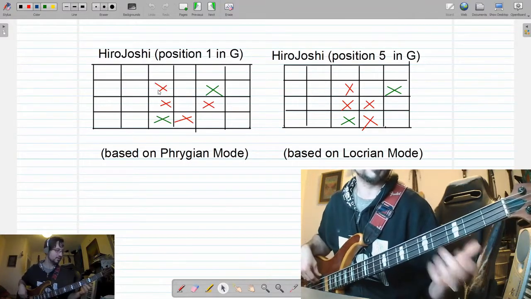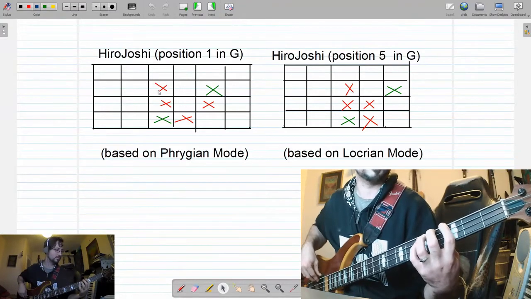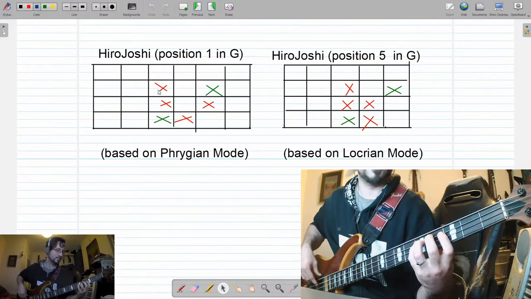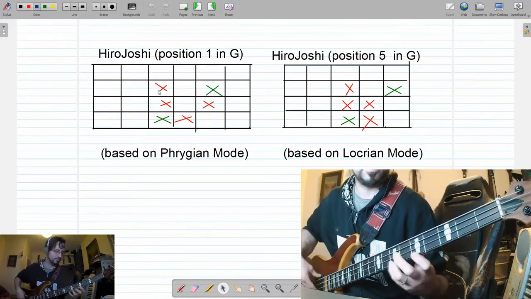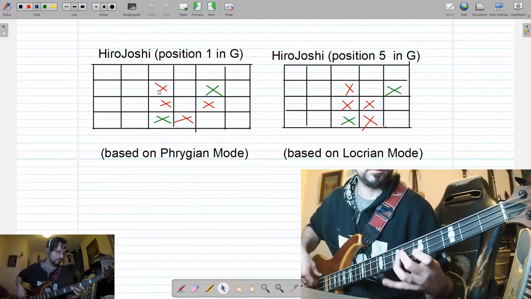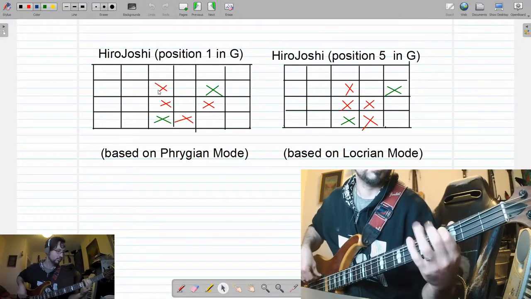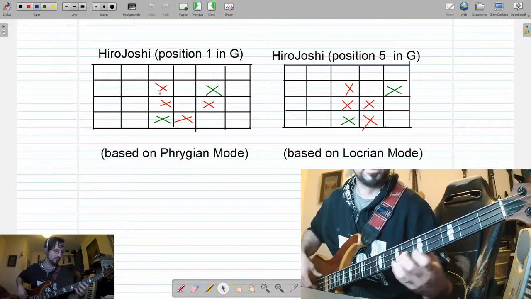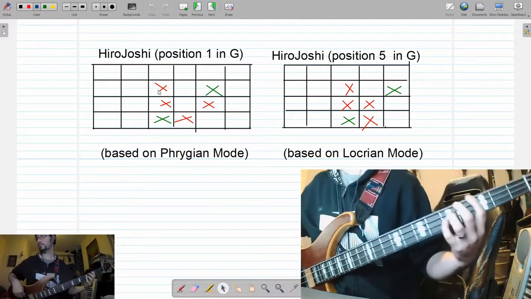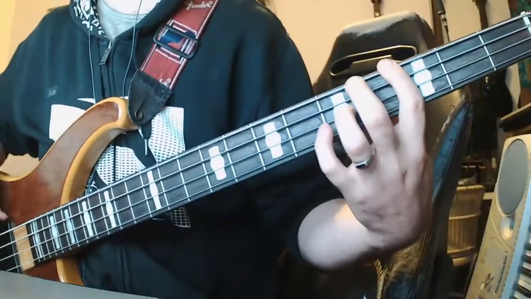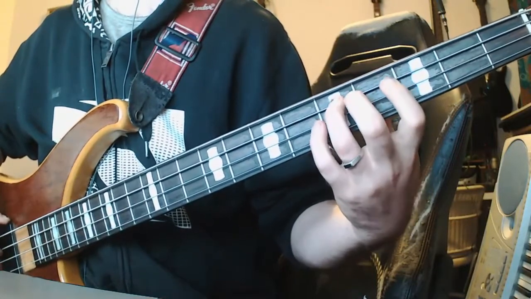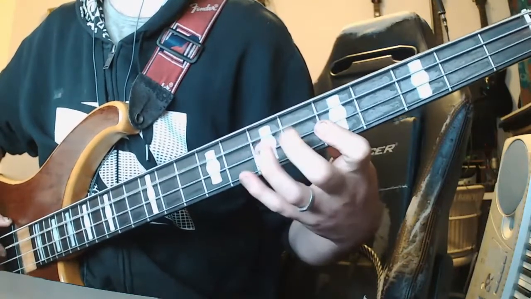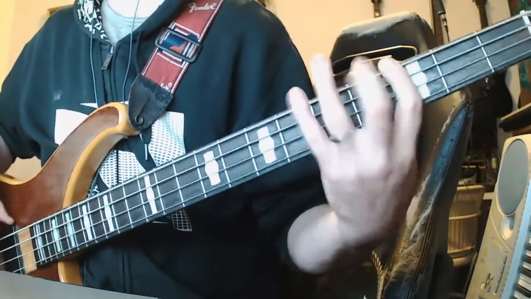And you can stack them together as well. So say you did the first Hirajoshi in G, and then you move on to the second or the fifth position. So what am I trying to do? There we go. Excuse me. So you've got first position, fifth position, shifting up to the D. I didn't do that very well.